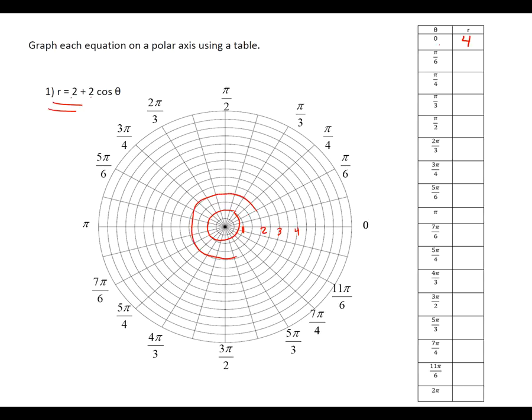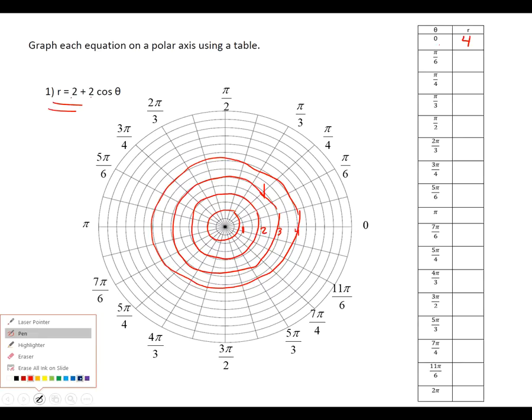I'll do it in this red here, and then I'll switch to a different color, because at some point they all come together. Okay, so there's my 4 circles. So I'm supposed to draw a dot right there. I may need more than 4, I don't know, but we're going to start with 4.